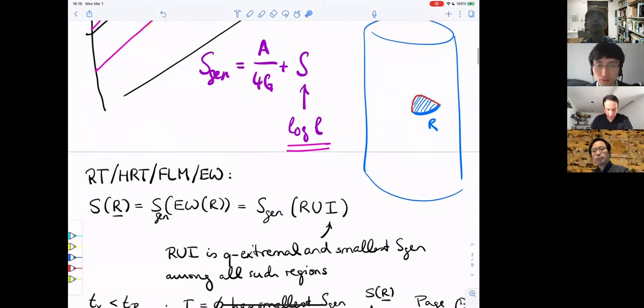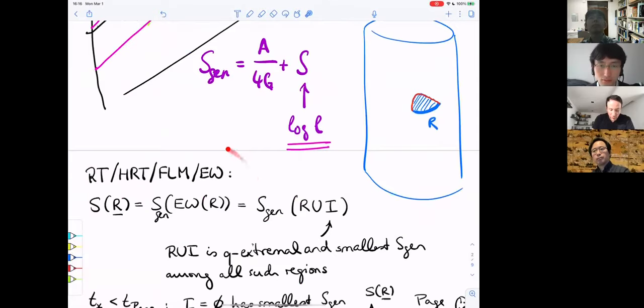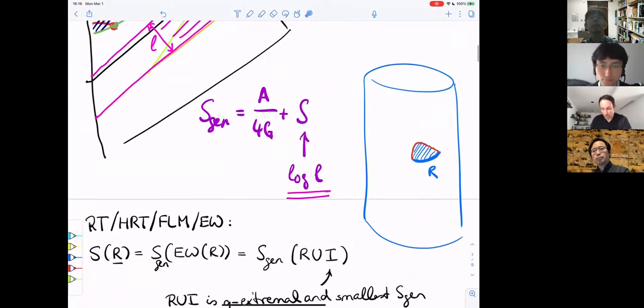This formula here had usually been used for situations where maybe you have this entanglement wedge here, and you have a small correction, as I said, of the von Neumann entropy of the matter that sits in this bulk region that you add to the big term, which is the area in units of the Planck length squared.